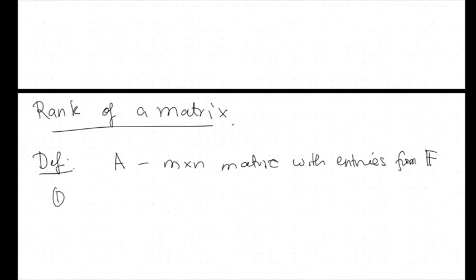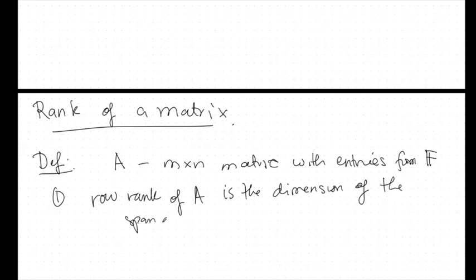The row rank is the dimension of the span of the rows of A in F^(1,n). This is just a matrix with one row.